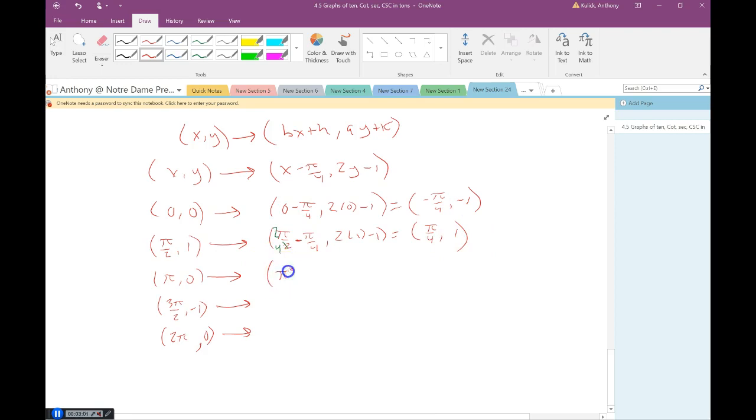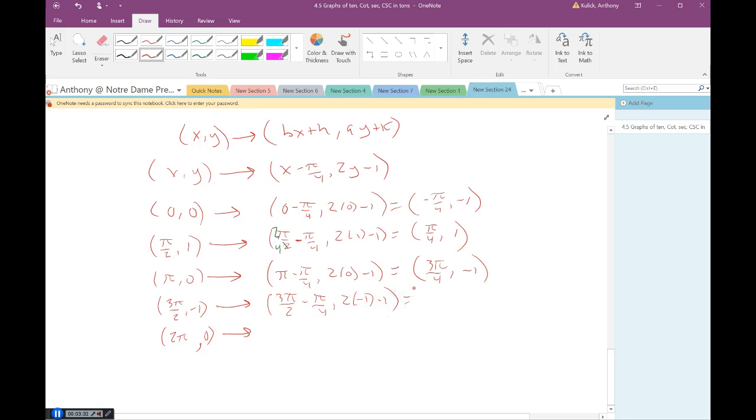Then I have pi minus pi over 4, 2 times 0 minus 1. And pi minus pi over 4 is easy, right? 1 minus 1/4 is 3/4. Pi minus pi over 4 is 3 pi over 4, right? And then just keep on going, just plugging in my formulas.